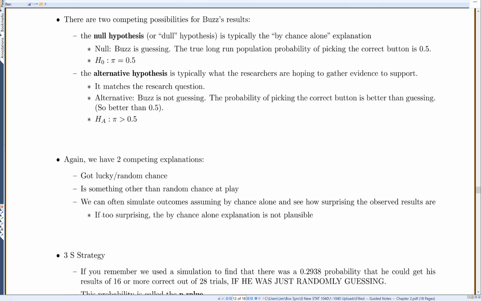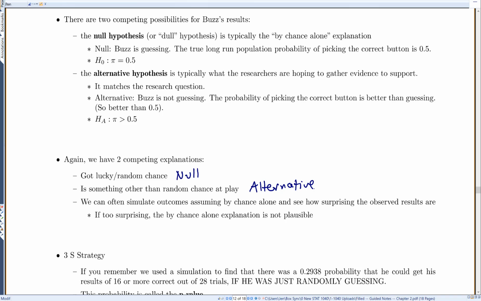So again, two competing explanations. They got lucky, random chance, which is the null, or there's something other than random chance at play, which is going to be our alternative. We can usually simulate our outcomes assuming that it's chance alone, assuming that the null is true, and see how surprising our observed results are.